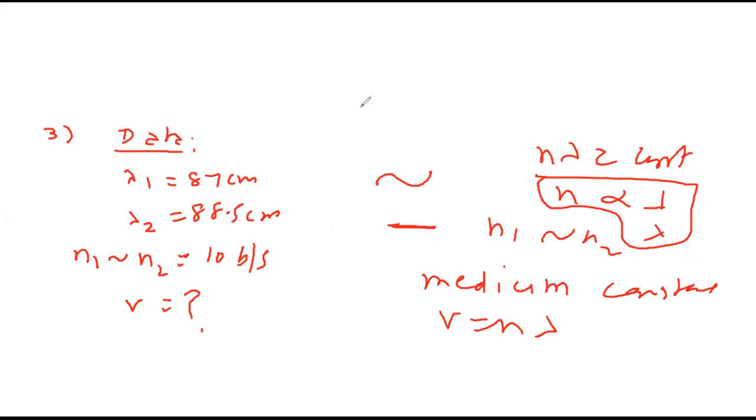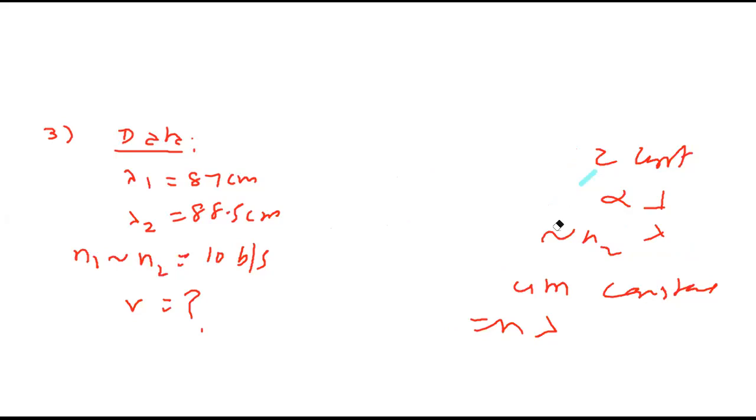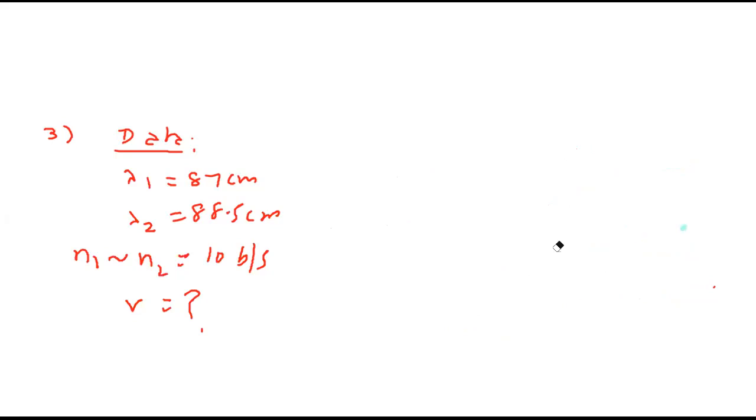Fortunately here lambda is given. Lambda 1 is 87 and lambda 2 is 88.5. Is 87 smaller or larger than 88.5? Smaller. So lambda 1 is less than lambda 2, that means n1 is greater than n2.